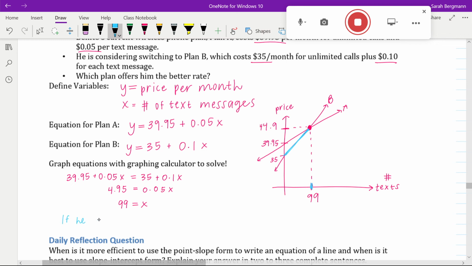If he sends less than 99 texts, plan B is a lower cost. If he sends exactly 99 messages, the plans cost the same amount.